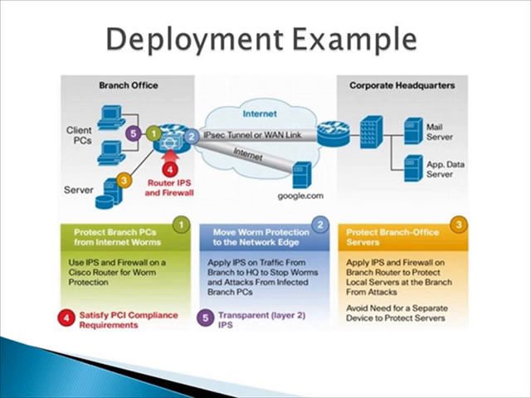And again, you can use this pretty flexibly. You could use it to filter traffic that is going from your branch office where your actual users are, the people that are likely to get infected with worms and viruses and so on. You can filter out the traffic as it goes to your corporate network. You can also use it as a typical IPS after the firewall. Use it to filter out traffic that might come from the internet as well.